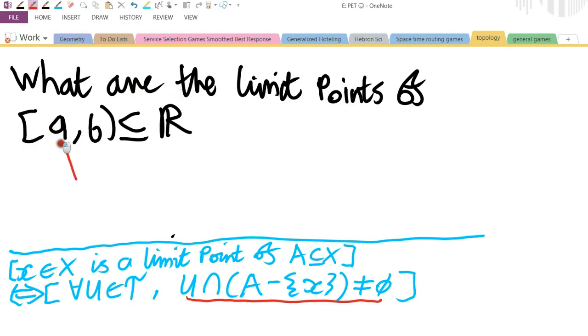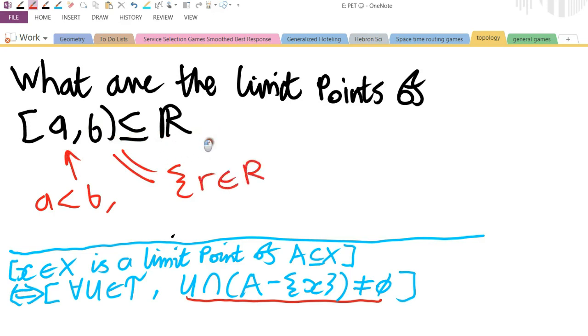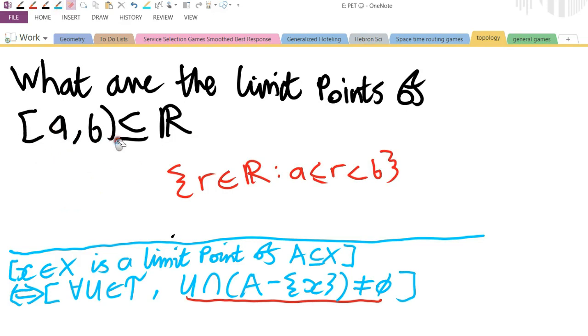Just to tell you what this notation means, A is less than B, and this is equal to the set of all real numbers R such that A is less than or equal to R is less than B. So what are all the limit points of this set? I'll leave that to you as an exercise.